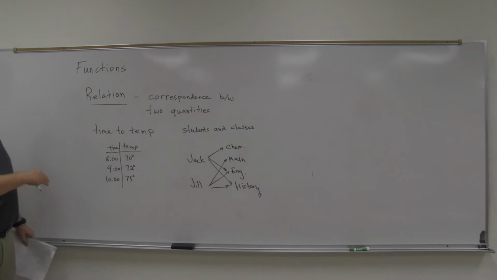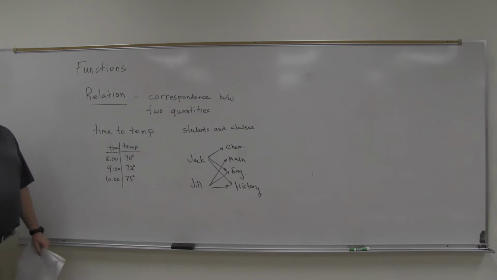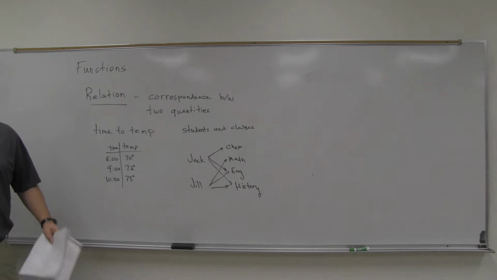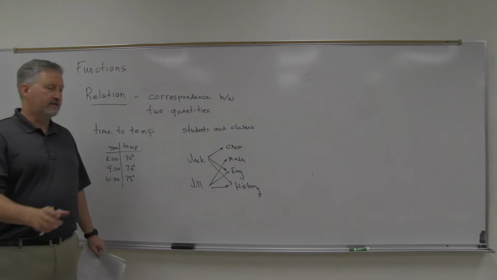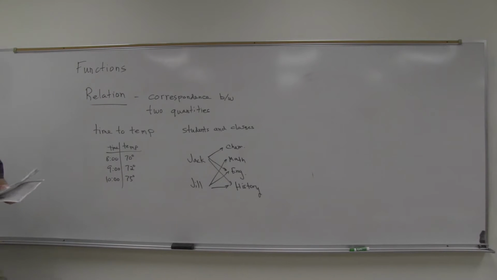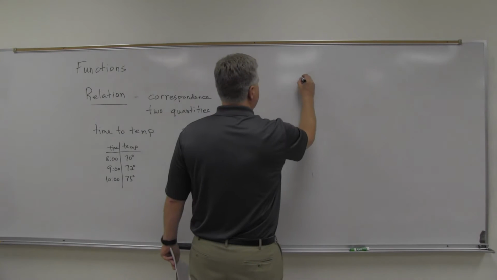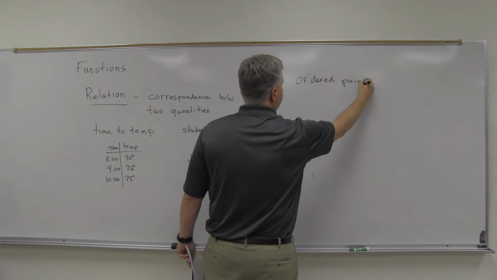Okay? So I gave there, I guess you might say, applications, but of course, a lot of times we're more concerned about the relationship amongst groups of numbers, right? A set of numbers. How do we relate one number to another one? So we can establish relations just by ordered pairs, right?